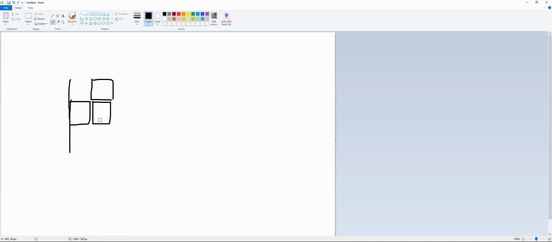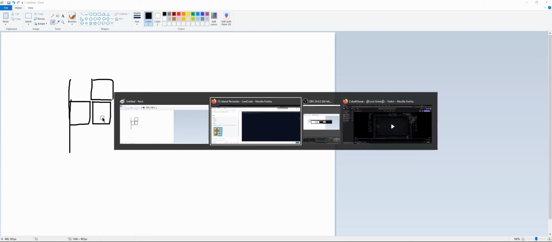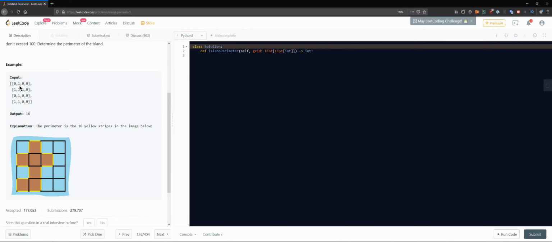Actually, I want to see the grid. So the grid would be basically, okay, it will go like this. Now, what we also have to think about in this case is that we can have a strategy, because we already broke down some of the rules that govern the amount of sides that we get.